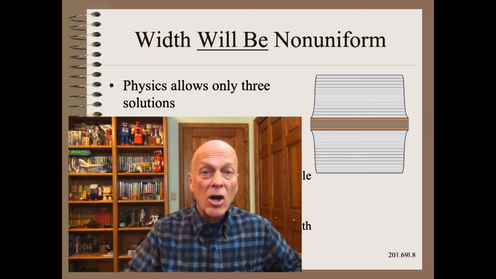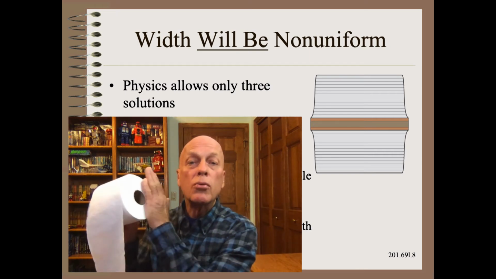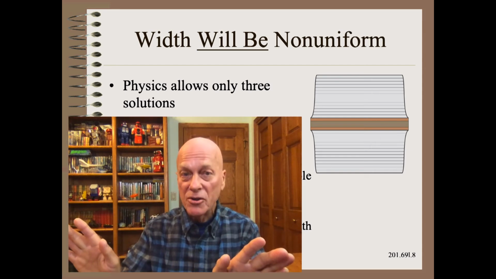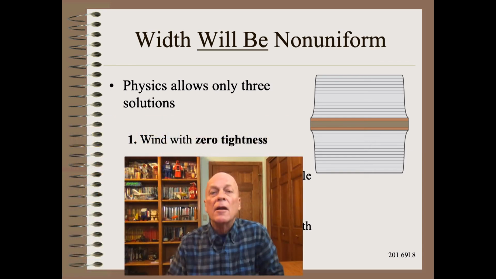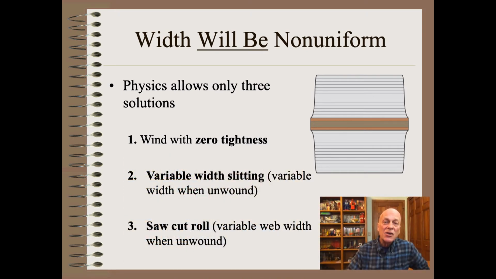As we learned in our Web 101 class, physics only allows 3 solutions to truly flat roll ends, and none are commercially viable. The first is to wind under zero tightness. The second two involve cutting widths, but they only change one width problem type for another width problem type.